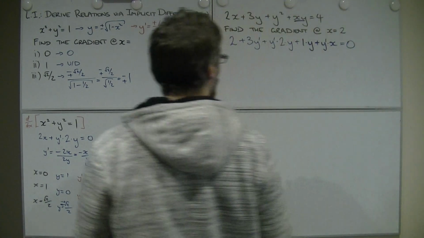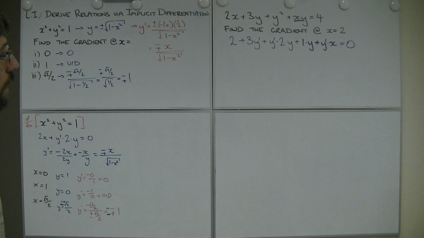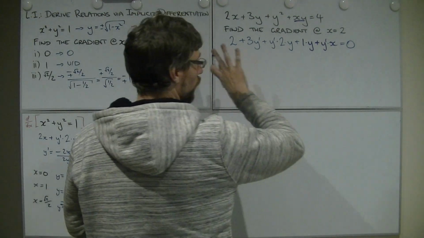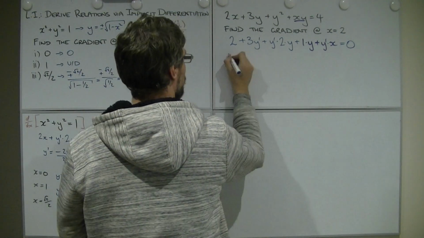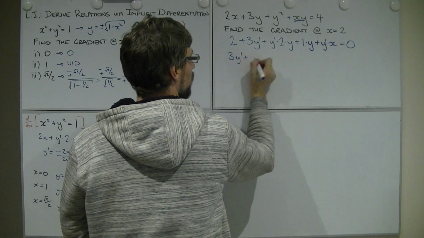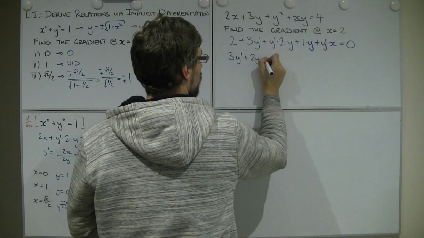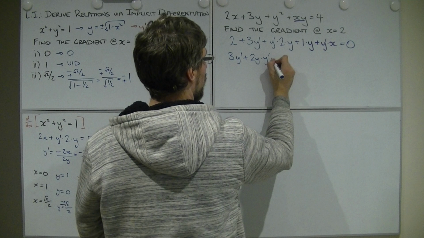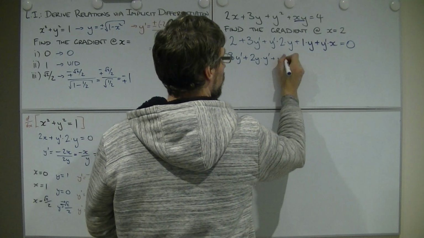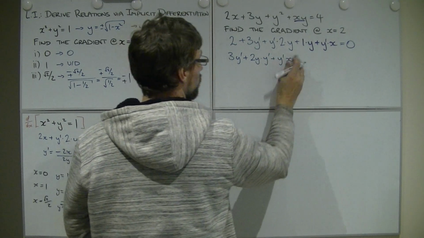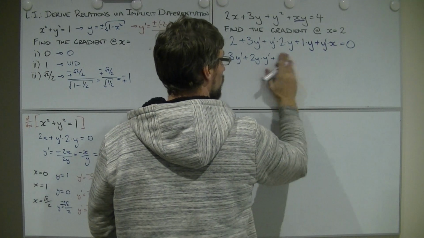Okay, what do I actually want? I want y prime. Okay, well, let's shuffle everything that's not y prime off to the other side. So I've still got this guy, still got this guy, and still got this guy. In fact, I'll write that around the other way this time.